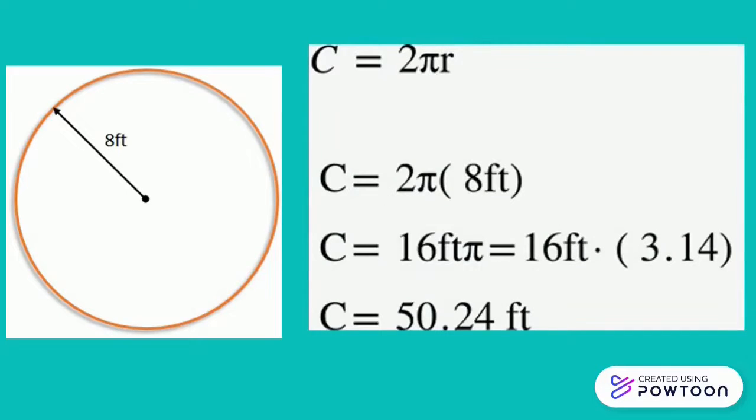Now, if I multiply my 2 and my 8 together, I get 16 feet, and I'm multiplying all of that by pi. Remember, pi we can say is equal to 3.14. Now, if I multiply 16 feet by 3.14, I get 50.24 feet, and that's the circumference.